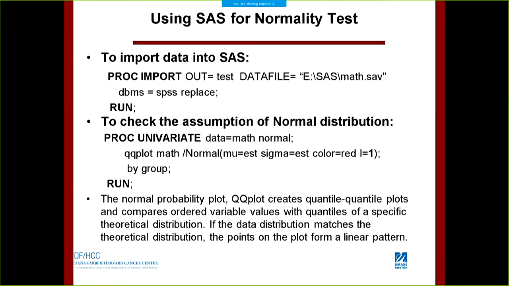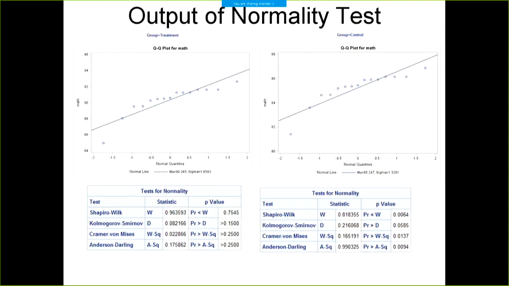And then we can check the assumption of normal distribution by using proc univariate, and we select the QQ plot for the outcome variable math by the group. Basically, we check the normality for two individual, independent groups. Here is the output of the QQ plot.